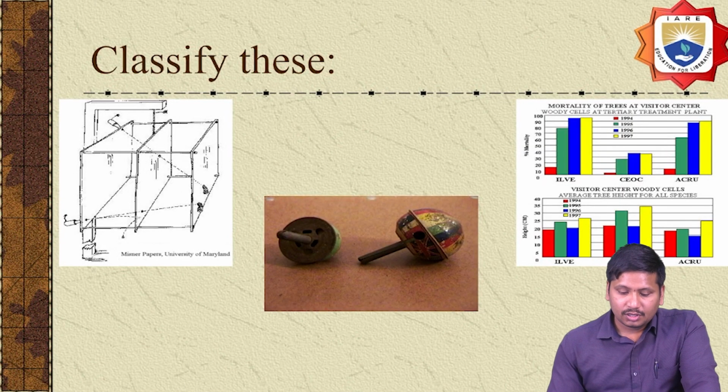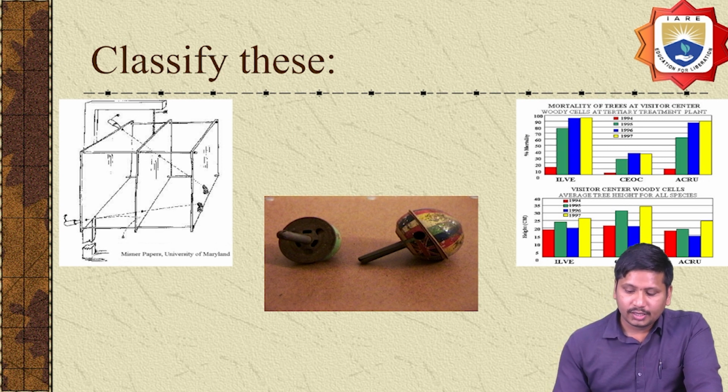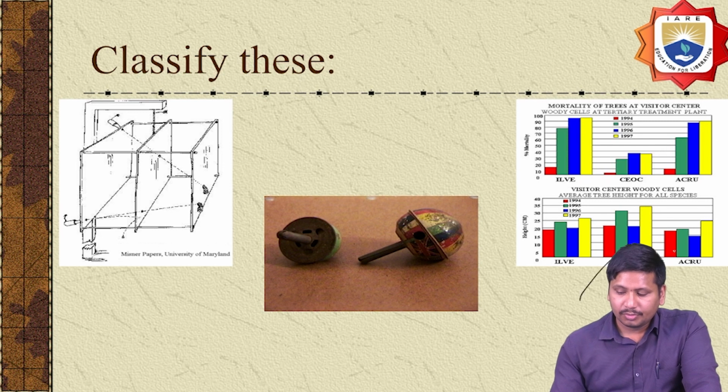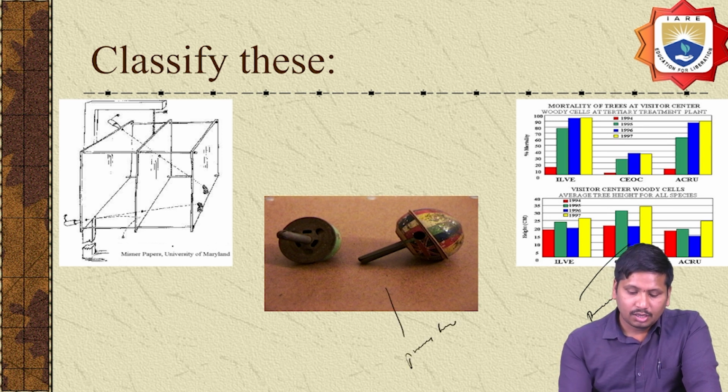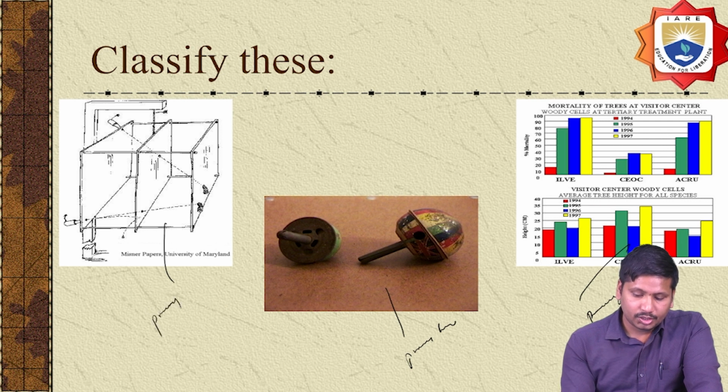And then the graphs that I have written, and then photography, and then charts, right? So all these examples should become examples of this primary source. And this should also become a primary source example. And then drawings and graphs should also be primary source examples.